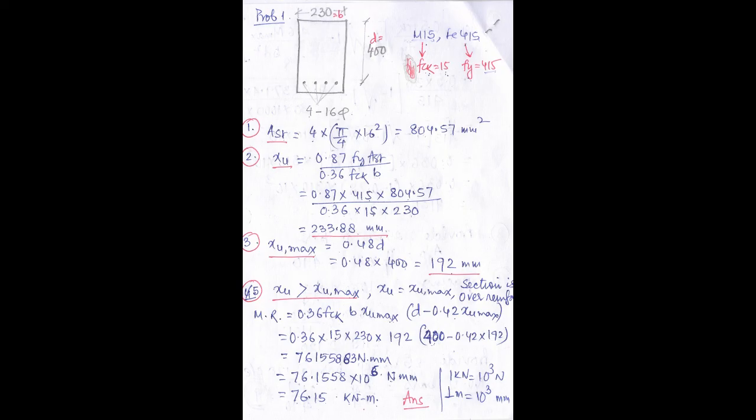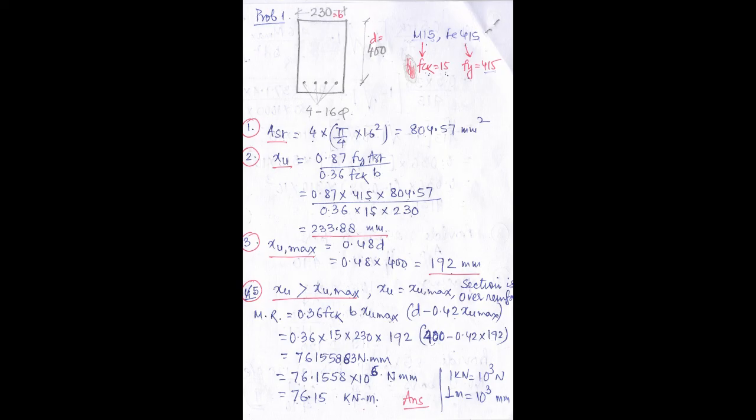Moment of resistance is equal to 0.36 Fck into b into Xu max within bracket d minus 0.42 Xu max, bracket close. Now let us see how we put the value. 0.36 Fck means 15. b means the width of the beam, how much? 230. Xu max, we have to take the value of 192. Then bracket start.